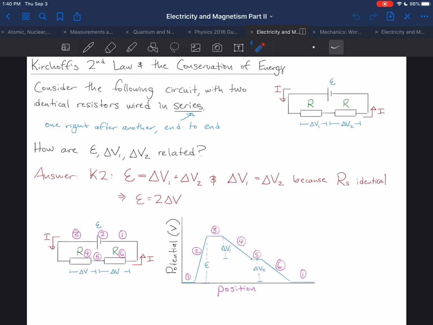Now, Kirchoff's second law can be used to analyze a whole bunch more different kinds of circuits and to give us a lot more information about those circuits.